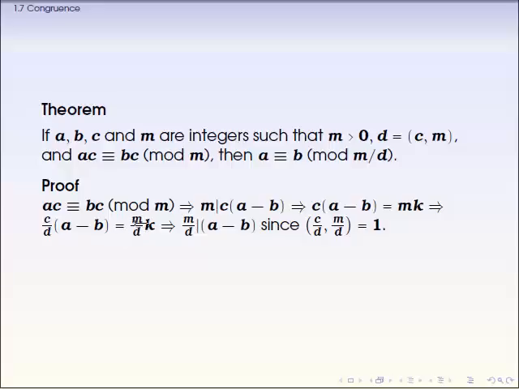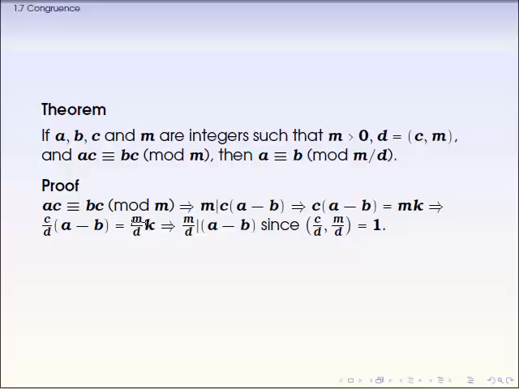In the general case, we don't know whether m over d is a divisor of a minus b, but there is another extra condition: d is the greatest common divisor of c and m. So the meaning is, if you divide c and m by d, then the greatest common divisor of those two numbers is 1. If you compare c over d and m over d, there are no common divisors except 1, right?